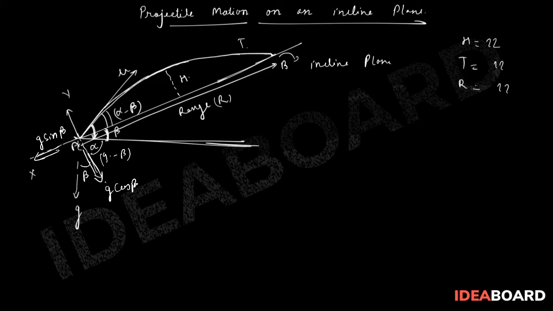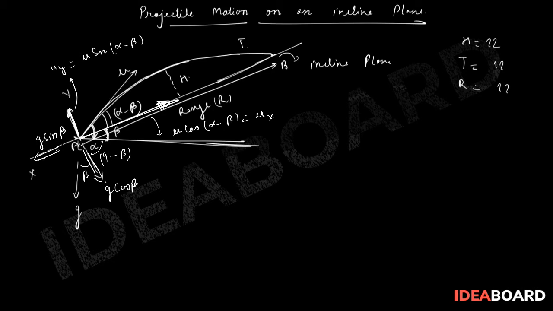And along the x axis, the value of u becomes u cos(alpha minus beta), which is ux. And of course along the y axis, uy is equal to u sine(alpha minus beta), right?